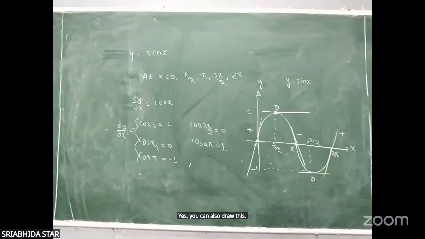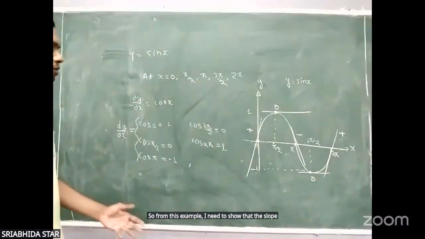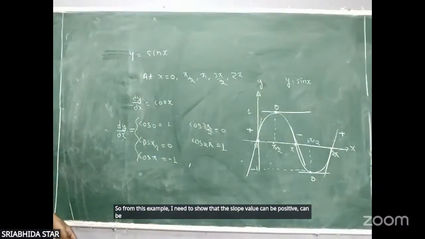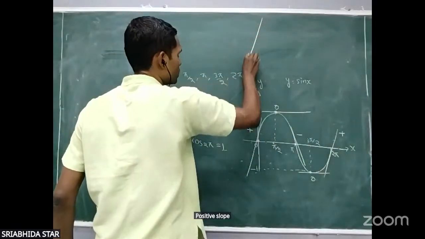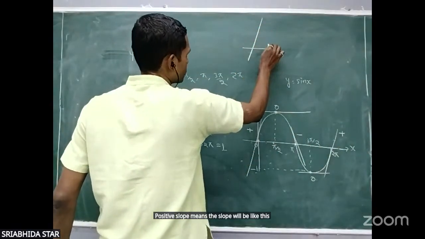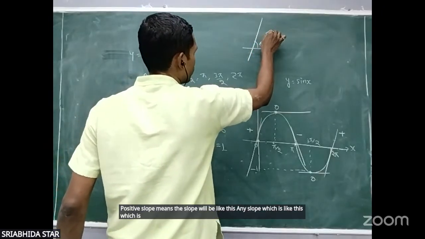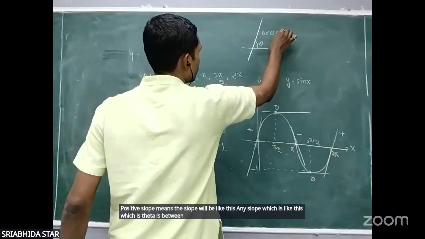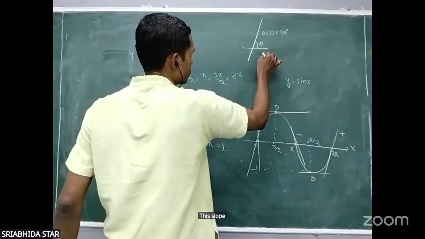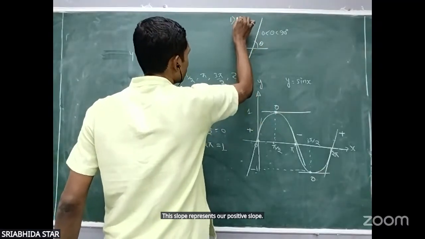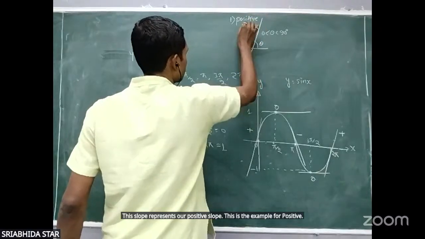So from this example, I need to show that the slope value can be positive, can be negative, or can be 0. So what is the meaning of positive slope? Positive slope means the slope will be like this. Any slope where theta is between 0 to 90 degrees represents a positive slope. This is the example for positive slope.